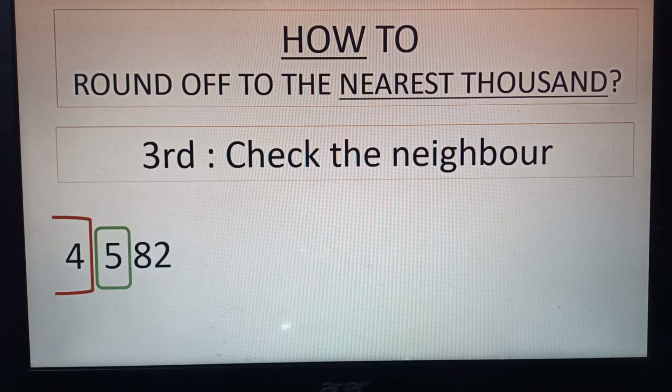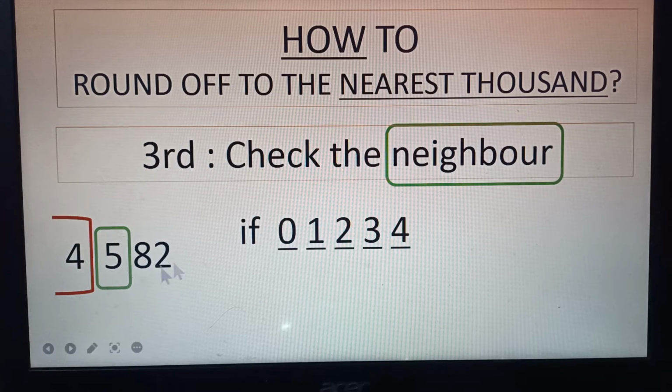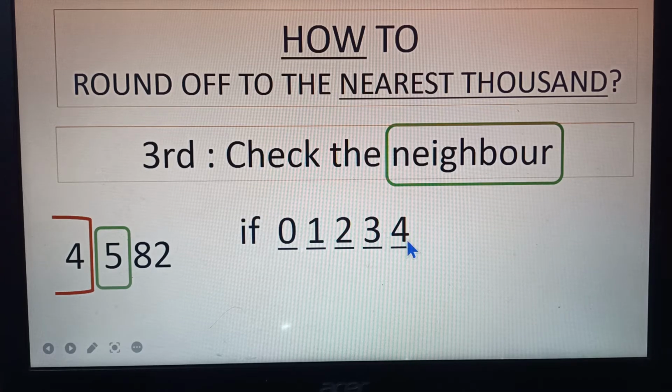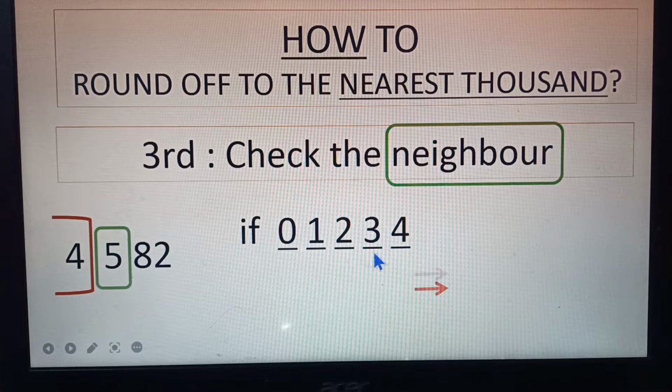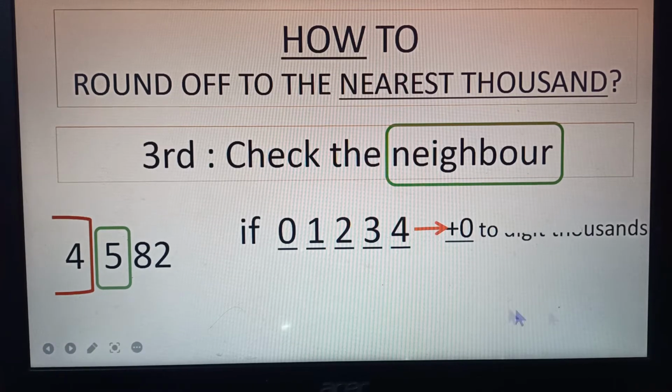Let's check. Now, if jirannya tadi less than 5, I'm sure you still remember this. Less than 5 means 0, 1, 2, 3, 4. Kalau neighbornya ada nombor 0, 1, 2, 3, 4, so what do you do with the staple? We add 0 to digit 1,000.